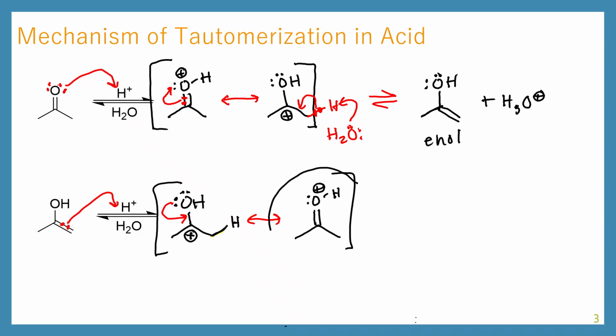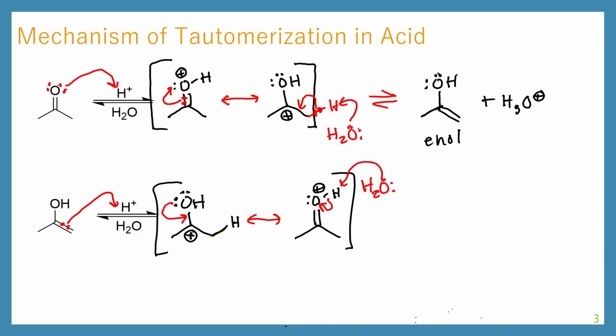Now to get to this from our starting material, we protonated our carbonyl. Now we're going to deprotonate. And deprotonation was also the last step of our previous mechanism. It's just we previously deprotonated at the alpha carbon.